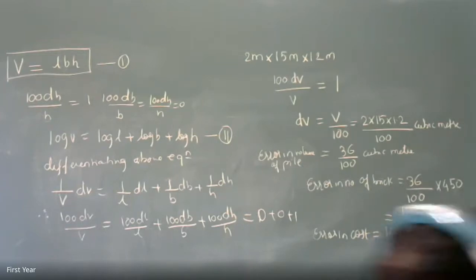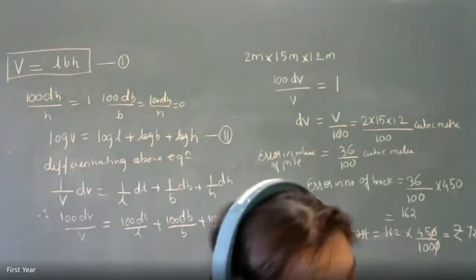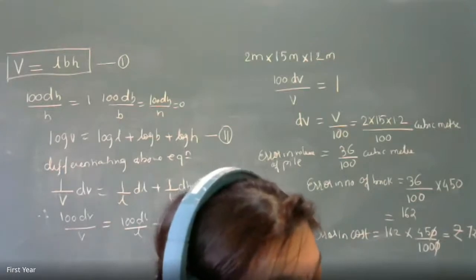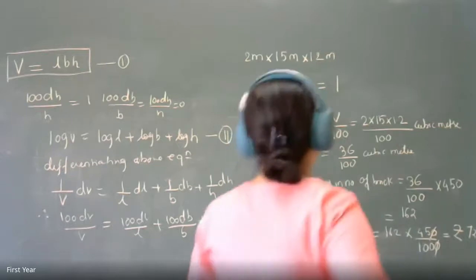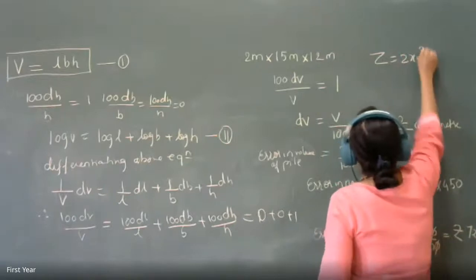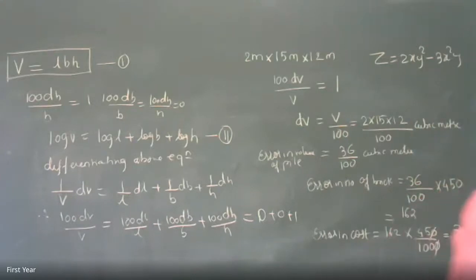This is actually going to make you understand, if raw data is given, how do we calculate the equations and how do we apply the mathematics that you are studying. So take down. The function is given: Z is equal to 2xy square minus 3x square y.